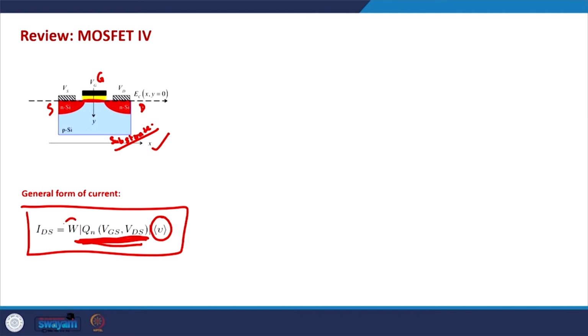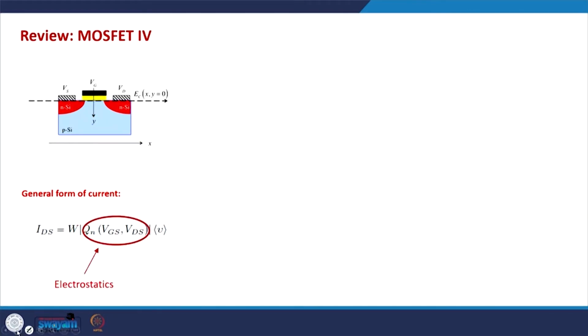And in addition to these things, it depends on the geometry, on the width of the transistor. This is what we have also discussed in the previous lectures: in order to analyze the charge in the channel, we need to see the electrostatics of the MOSFET, the effect of the gate voltage and the electric field due to the gate voltage on the channel region, and also the electric field due to the drain voltage.